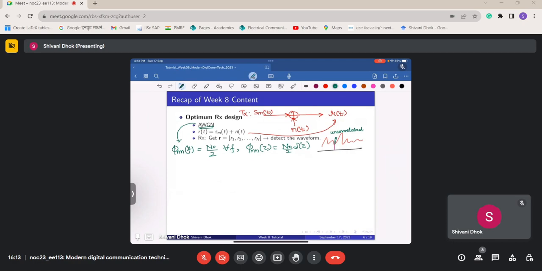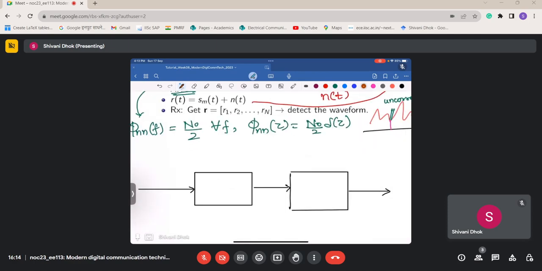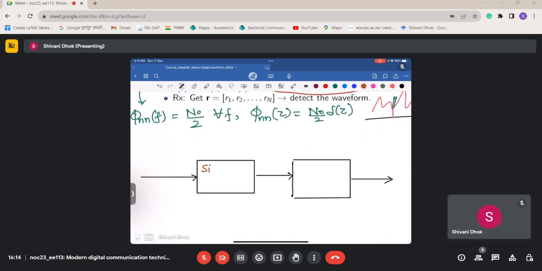And this receiver structure is divided into two parts. So if we have a receiver, it is divided into two components, something like this. The first part does signal demodulation.